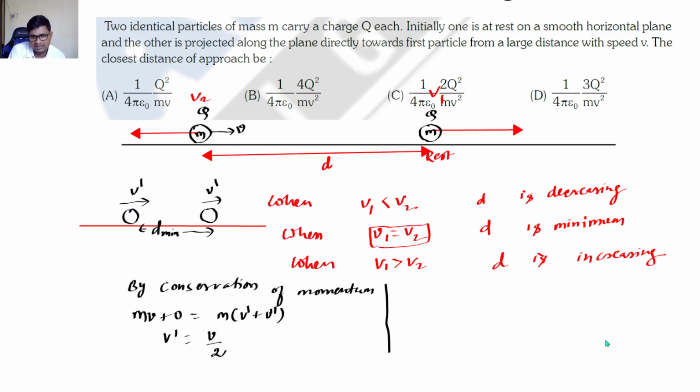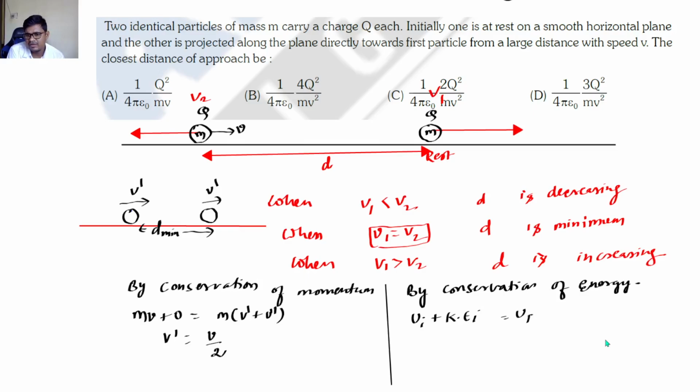Now by conservation of energy, we can write U initial plus kinetic energy initial equals U final plus kinetic energy final. Because only the electrostatic force is there, which is a conservative force, we can conserve the energy in this case.